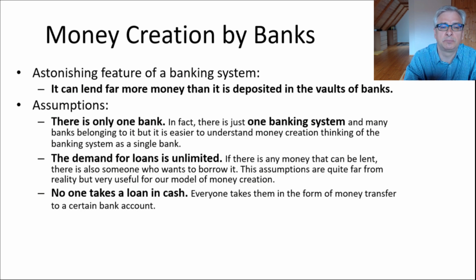Remember, this money creation is not performed by a single bank. Actually, it is performed by the whole banking system, but we have just one banking system, like in our assumption there is just one bank in the country. The second assumption: the demand for loans is unlimited, so if there is any money that can be lent, then there is immediately someone who would like to borrow this money.